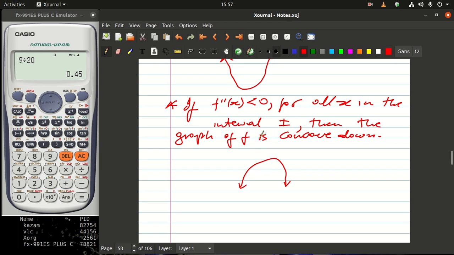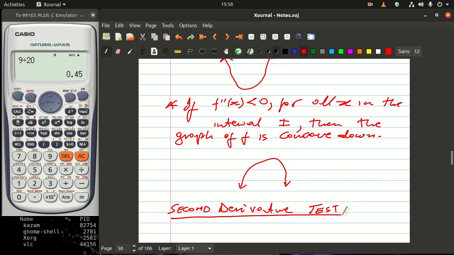And then of course, if you want to characterize it, let me write the second derivative test here first. We have a second derivative test.